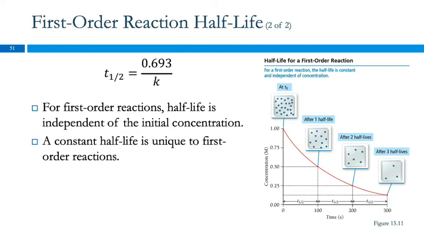You just keep dividing by 2. This is what radioactive decay does. Radioactive decay is a first-order reaction. So the constant half-life only happens with the first-order reactions.